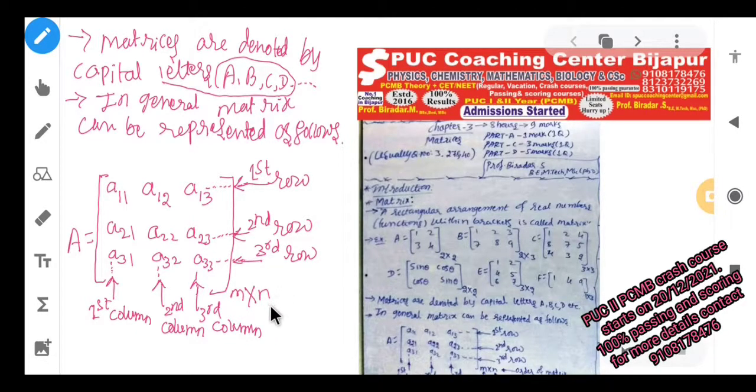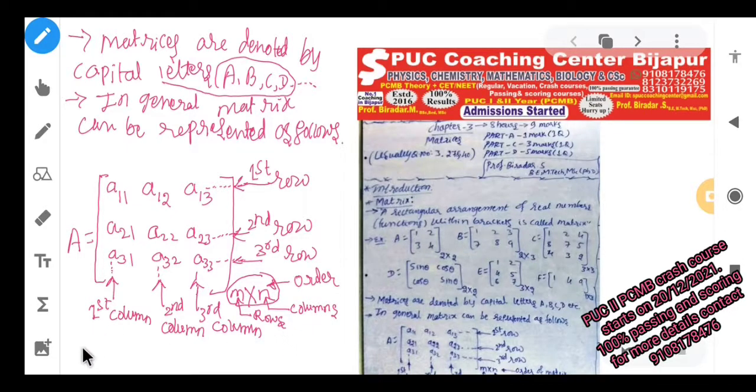Then we are going to call this complete arrangement the order of a matrix.